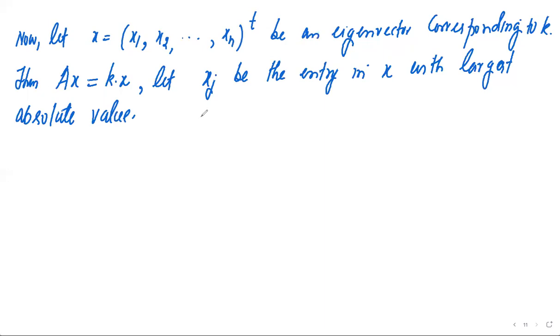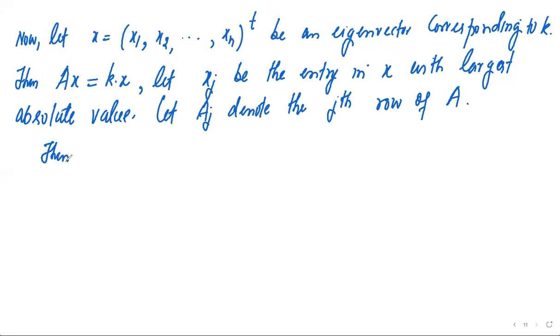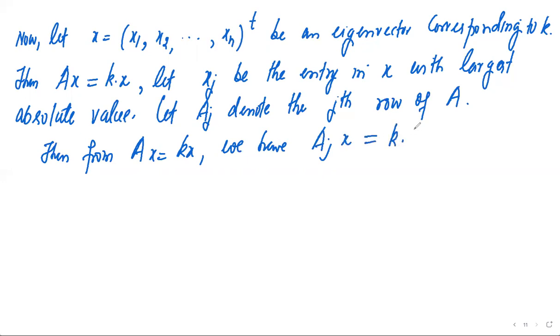Now similarly, let Aj denote the jth row of the matrix A, where A is the adjacency matrix of G and G is a K-regular graph. Then from Ax equal to Kx, when we multiply the jth row of A with x, we will get K times xj.